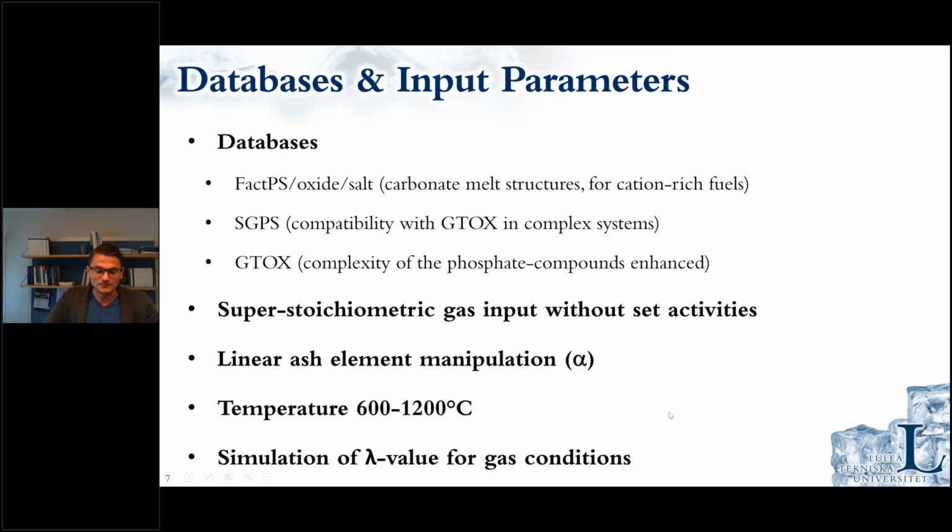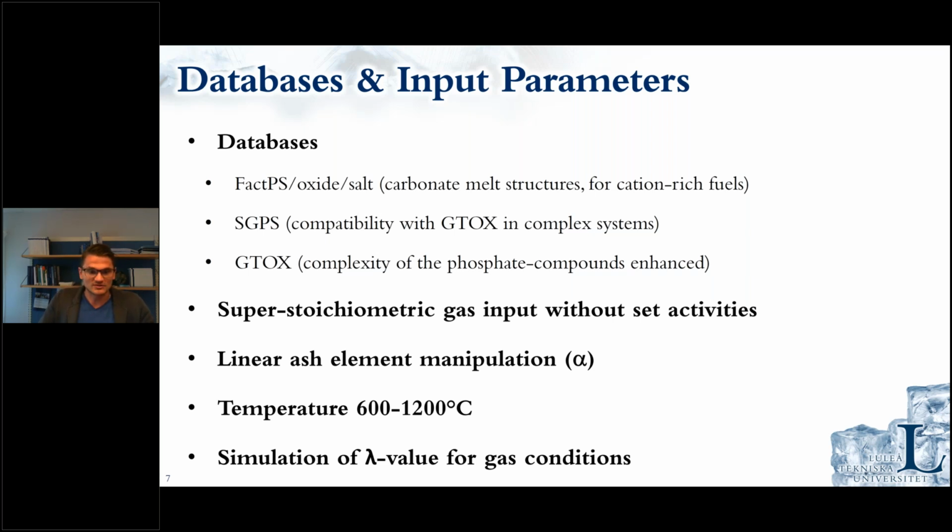The databases and input parameters that we're using are based on the fuel parameters as well, because we need to choose a database that is suitable for the specific fuel composition. This basically means that we have to use a system that can include carbonate melts if the system is expected to create such carbonate melts, especially when we have cation-rich fuels.